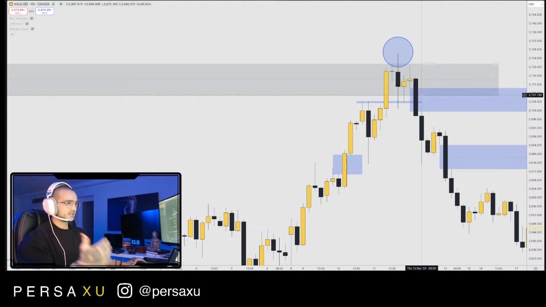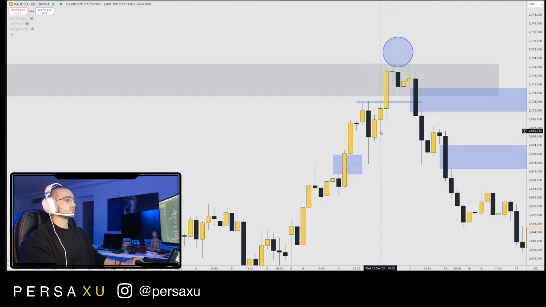There's a lot of sellers in this example, but not a lot of retail sellers. Those are institutional sellers that have a lot of money that are able to dump the market and make a significant change in the price.